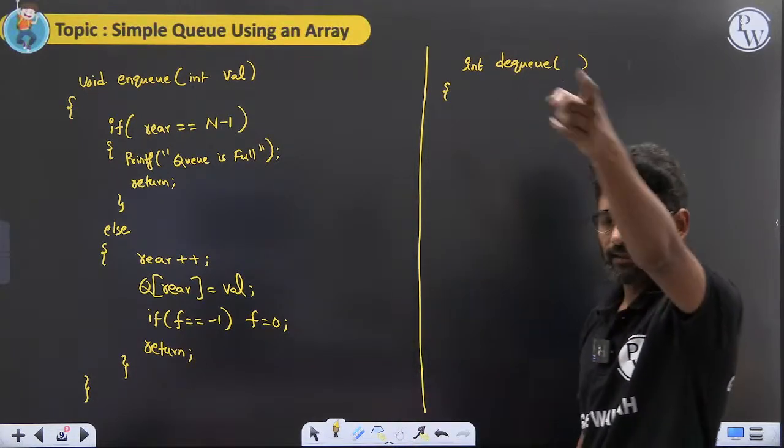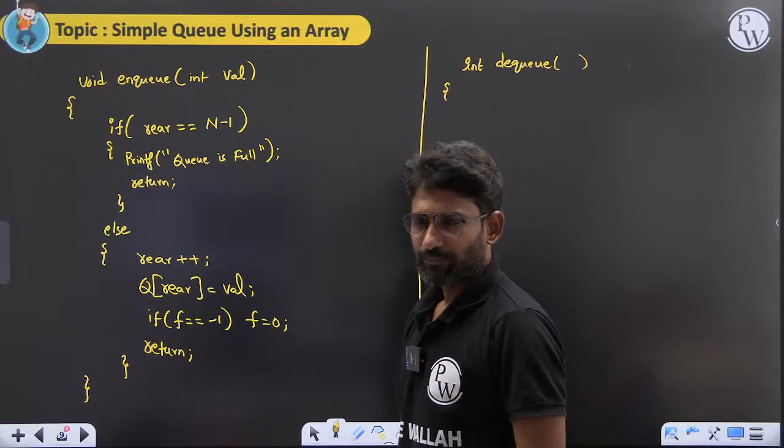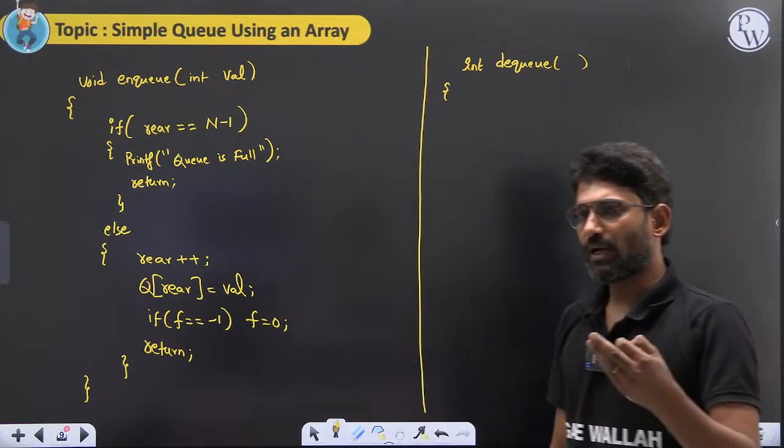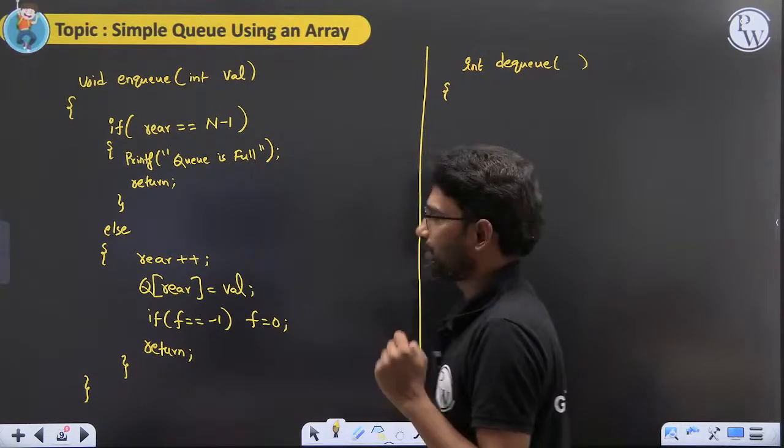Because it returns the value deleted, and that we are printing in the switch, no? Now, before I do dequeue, what do I have to check? Underflow condition.